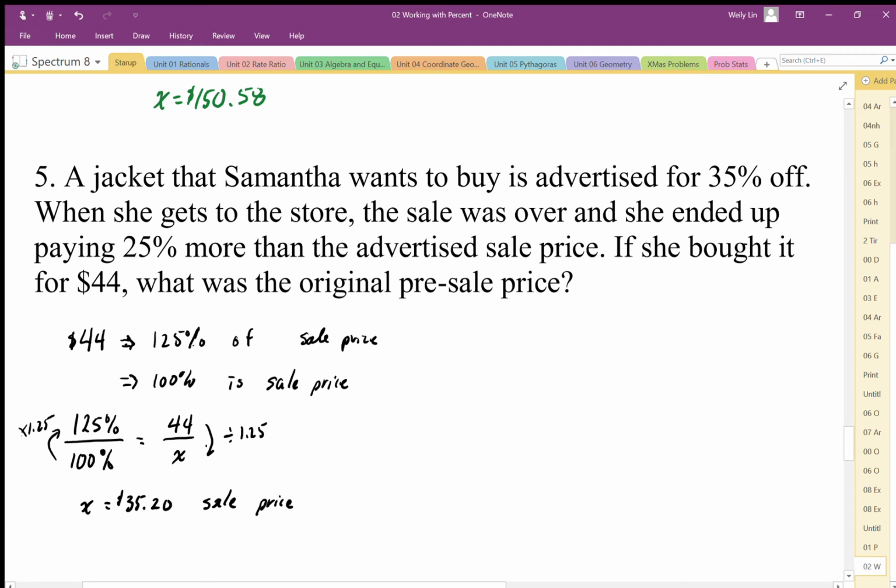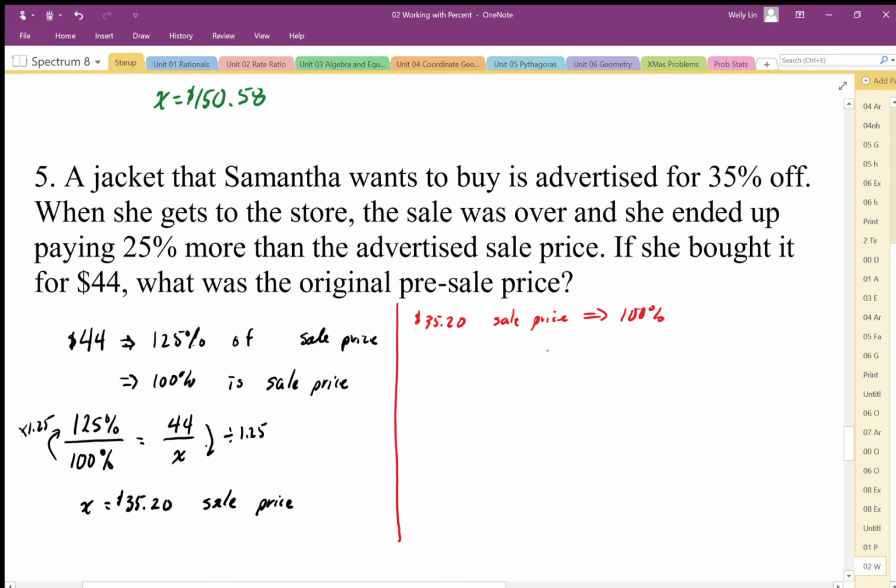Separately, I need to set up a new ratio where $35.20 represents my sale price, which I'm going to say represents 100% now.